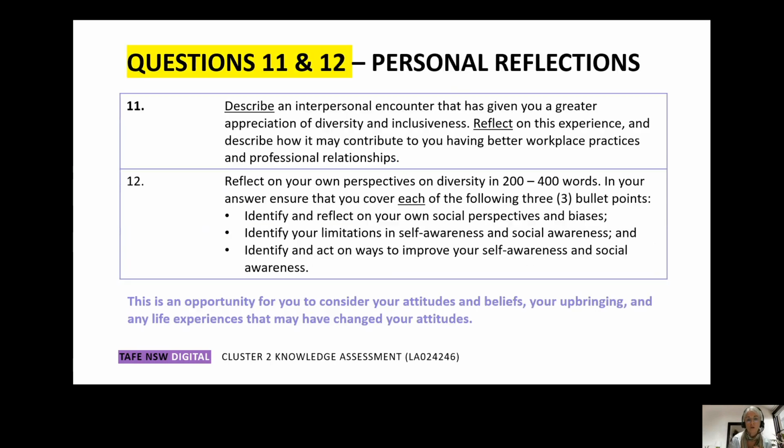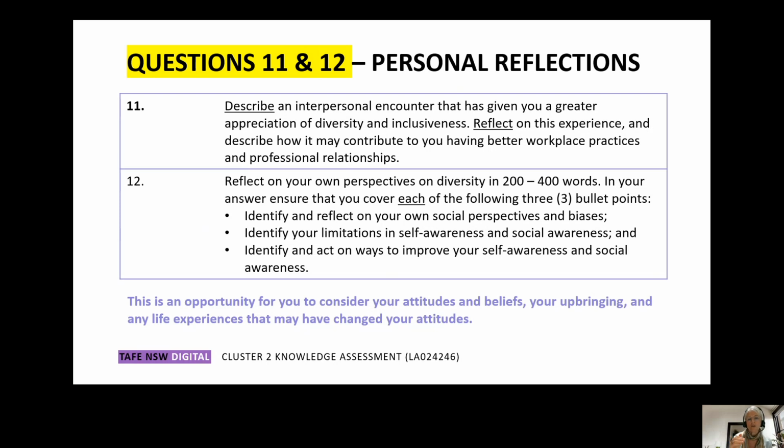Okay, questions 11 and 12. In a sense, this is easy because you only need to read the learning resources to understand how our perspectives impact the way we work with others, to understand that we all hold biases and perspectives, and it's an ongoing journey throughout our life to continue to reflect and become aware of your biases, because so much of us is unconscious and we hold unconscious biases.